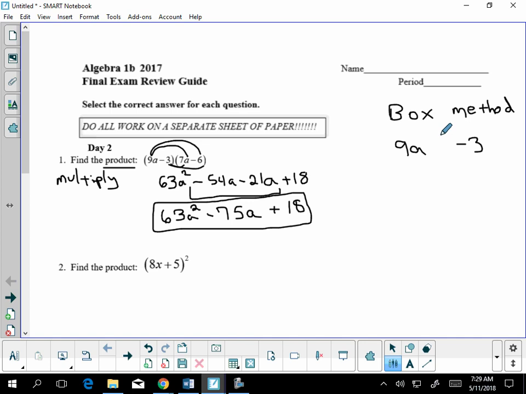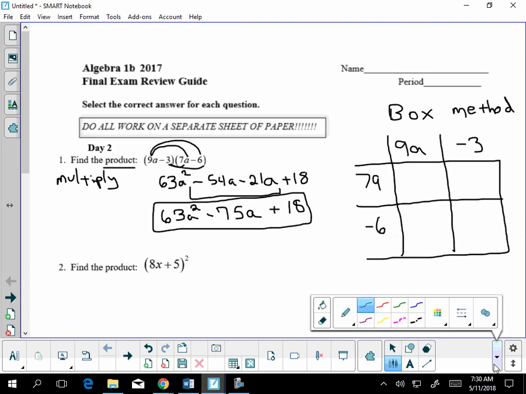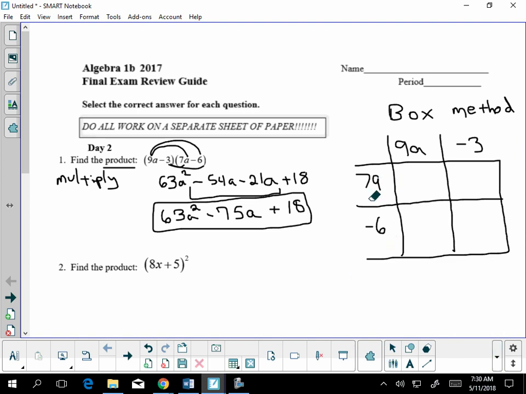That's my first binomial. And then my second binomial is 7a and a minus 6. What I've done here is I've just created a box. Let's make that look like a 7a and not a 79.